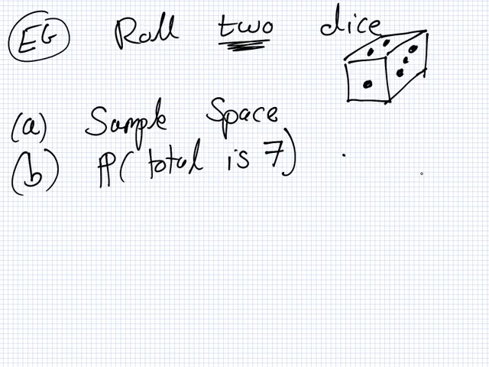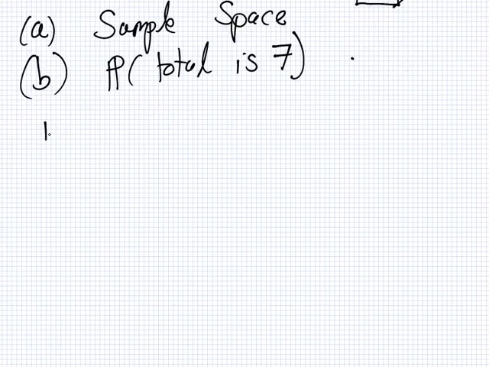Let's have a look at this one now. So the sample space is going to be pretty big. You have a lot of possibilities here. What can you roll? So you can roll a 1 and a 1. Then you could roll 1 and a 2, 1 and a 3, 1 and a 4, 1 and a 5, 1 and a 6.